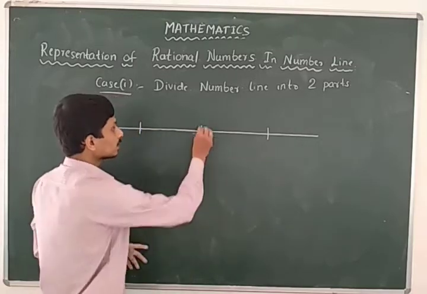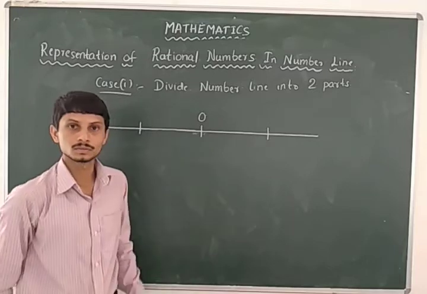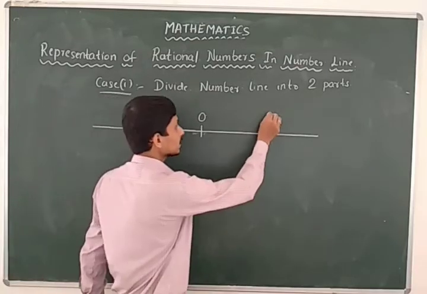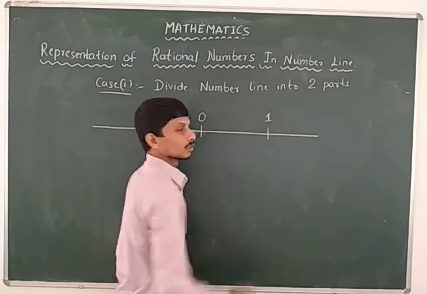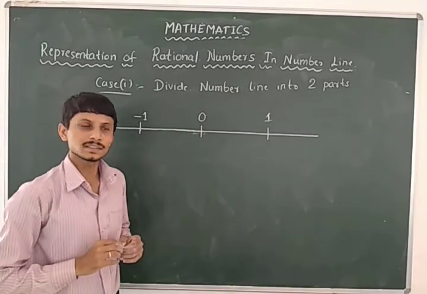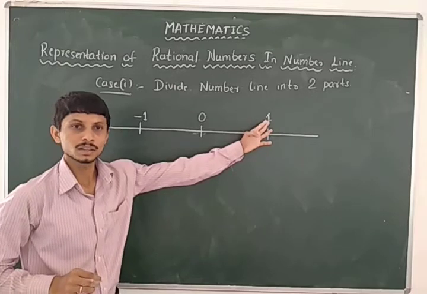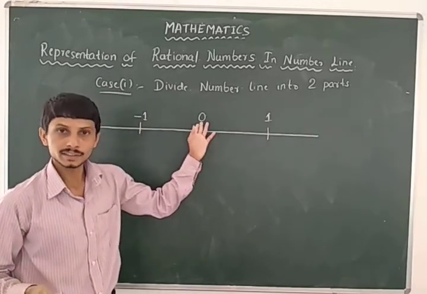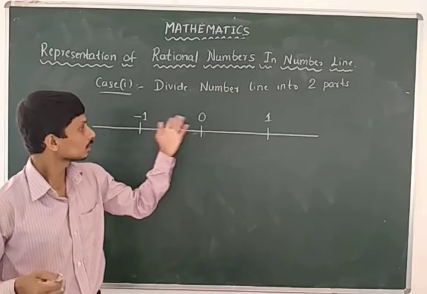I consider this point as 0, this as minus 1 and this as plus 1. So here we are representing the positive integer 1, the negative integer minus 1, and 0, which is the additive identity, as you already know.